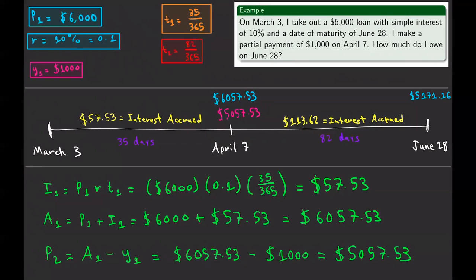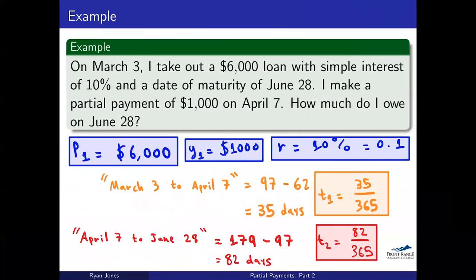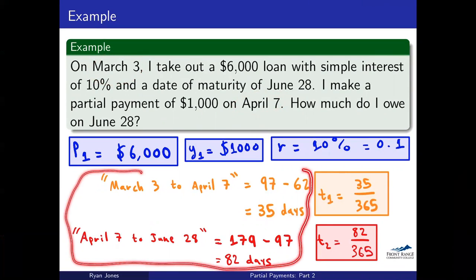So that right there is yet another example. And really the only difference between this example and examples we may have done last time is just these dates that I give you. That right there is the only tricky part, the only new part that we have to worry about: calculating the number of days in between the two calendar dates.